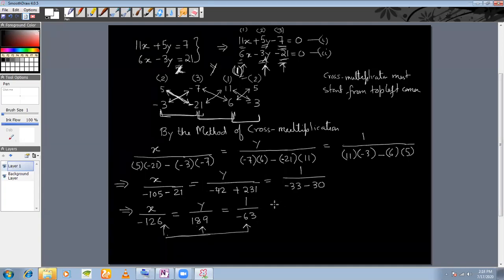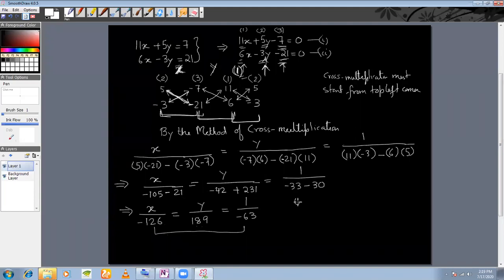In order to get x, we consider the first and the third equality.